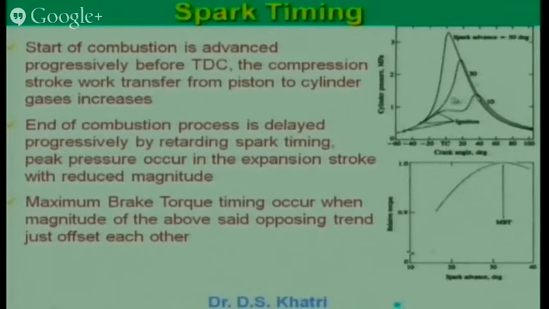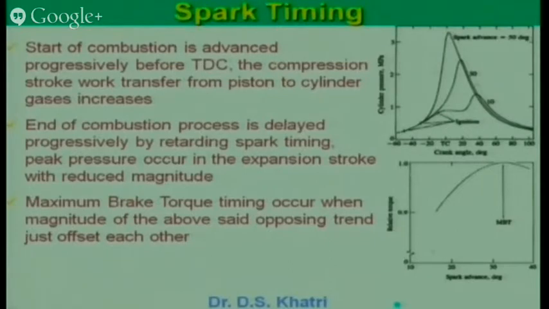Only this much, maybe 12 or 13 megapascal. And if I am making it 30 degree advance, the cylinder pressure increases. Cylinder pressure increases means more power, more torque. And if I am making it 50 degree advance, you can see the pressure is increasing significantly.